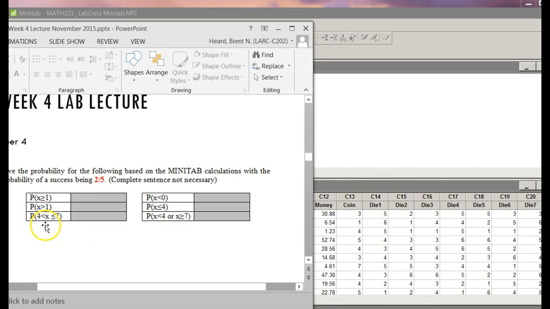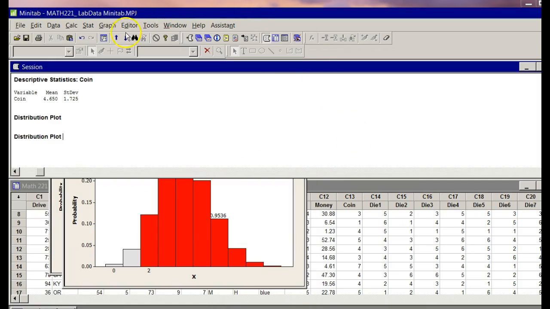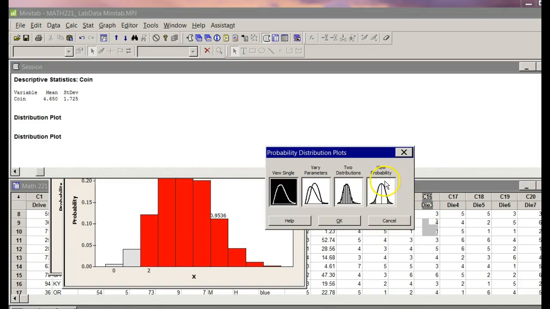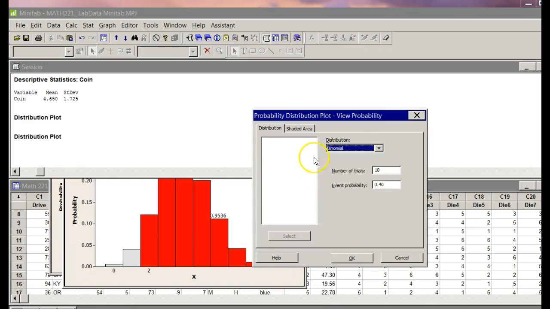Now, the third one down is everything greater than 4 but less than or equal to 7. Greater than 4, that means 5, 6, or 7, because it's inclusive of the 7. So 5, 6, or 7. Watch how easy this is. I go to Graph, Probability Distribution Plot, click View Probability, say OK.